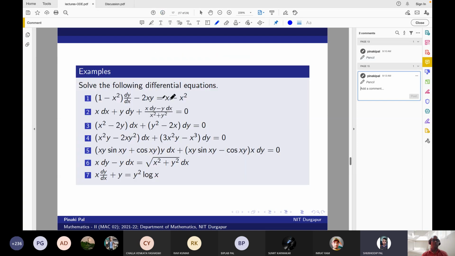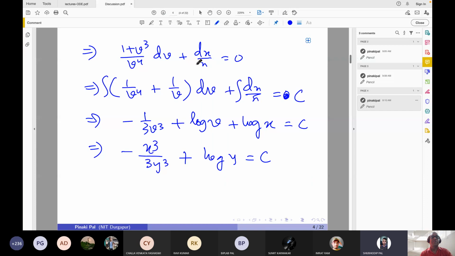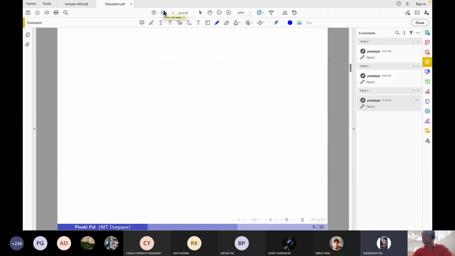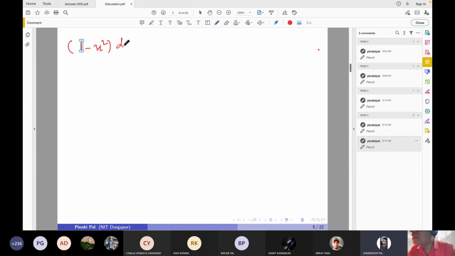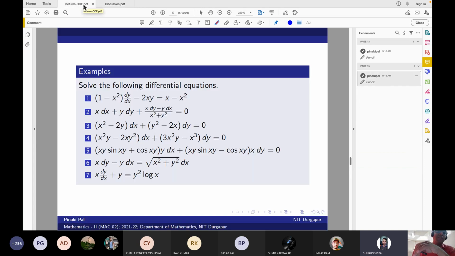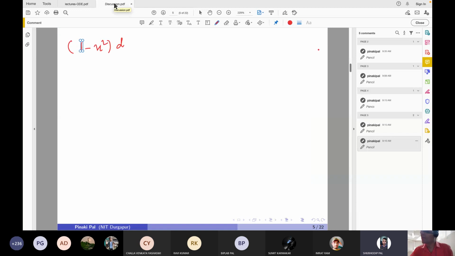Here are some examples. In the first case, let's see how we can convert it to an exact differential equation using the differential relations. Equation number 1: (1 minus x square) dy/dx minus 2xy is equal to x minus x square.